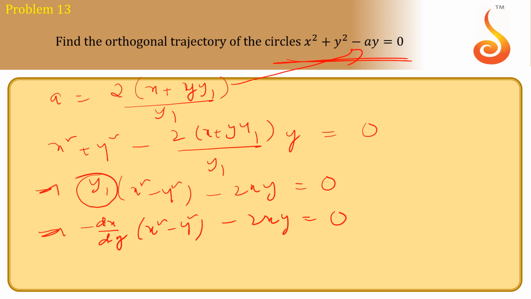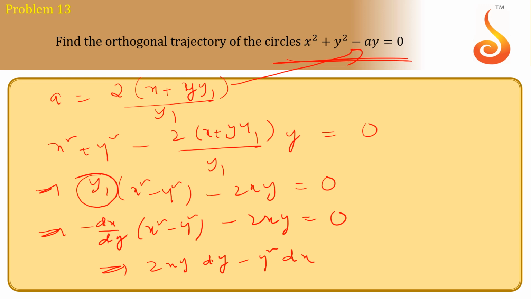Then you rearrange the terms. So 2xy dy, minus into minus plus, that side it goes. So minus y square dx, minus into minus plus.